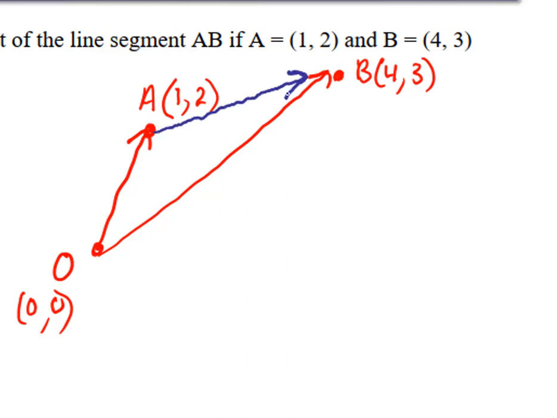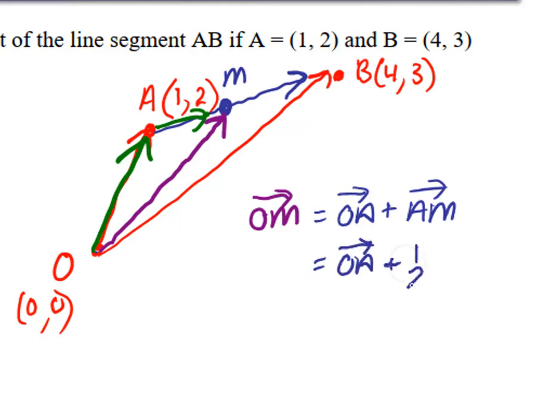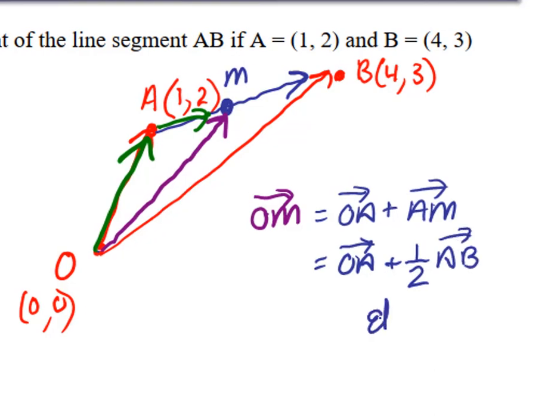AB is there. You want the midpoint, M, and what you're trying to find is OM. So you can see that's going to be OA plus AM, which is OA plus a half of AB. And you can go that way.